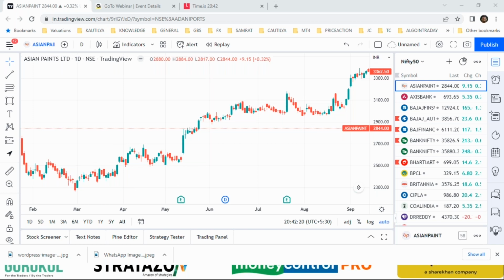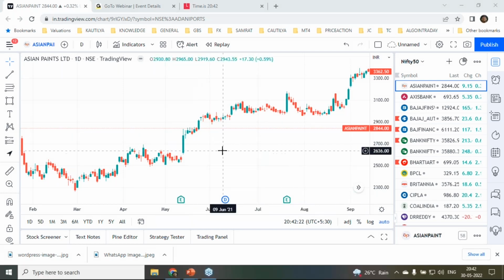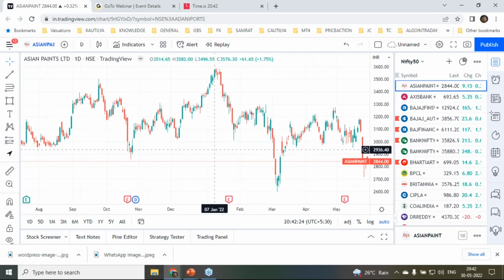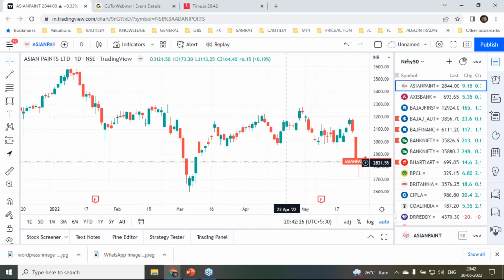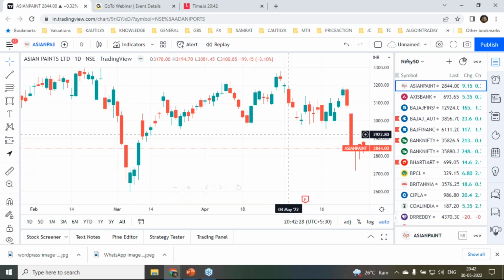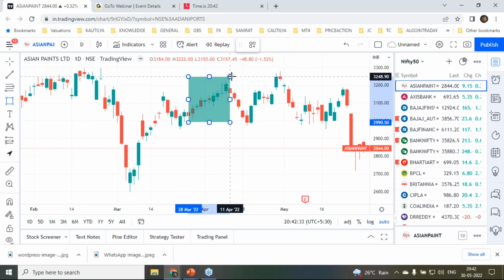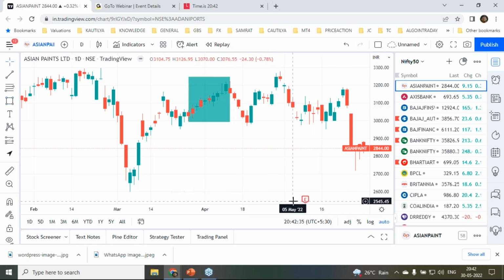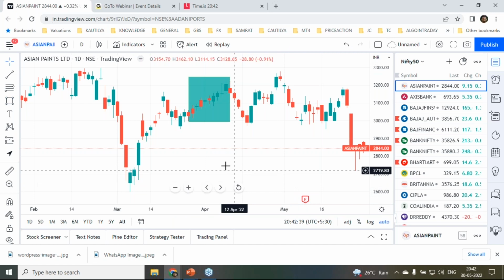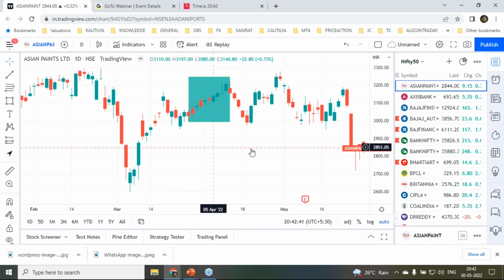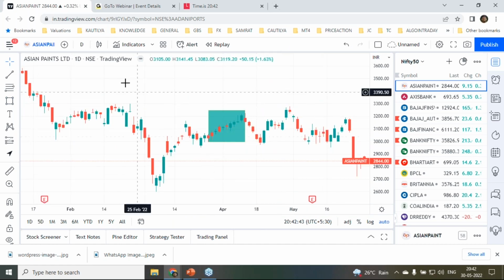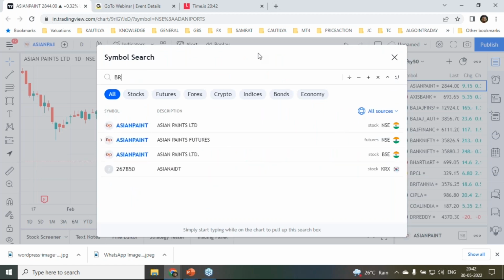Why compression? Because there is a series of base candles kissing each other. If you watch carefully, see this fellow. Can you make out this whole region? Is it not compression? See how many base candles? No proper momentum, no proper strong movement of candles. Okay, this is a simple example. All right, we'll take up more.